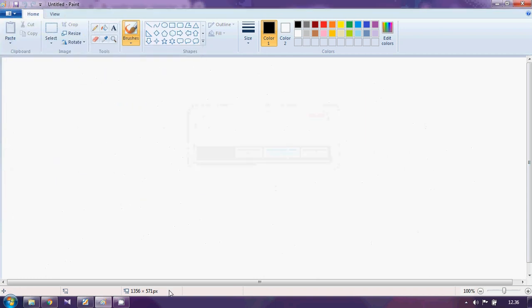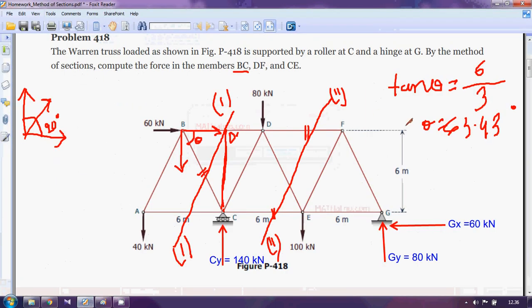Now let's move on to calculate the other forces. We have to calculate member force DF and CF.